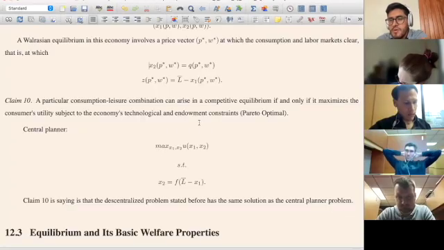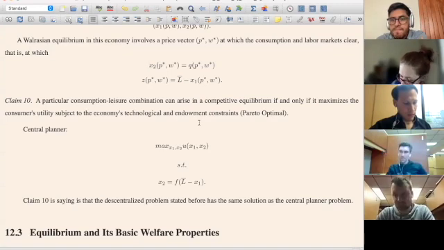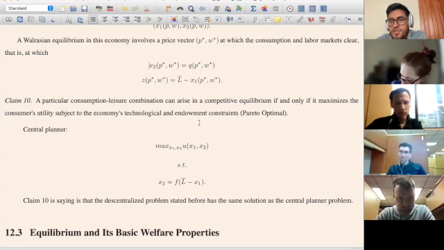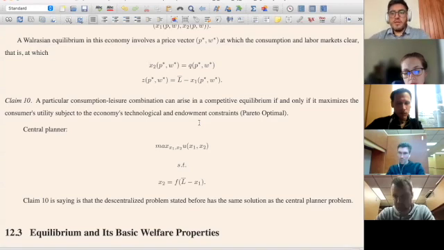This problem and the centralized problem are essentially the same. This is the result of two things. If you realize the Robinson Crusoe problem here, we're assuming some things about the utility and the production function. They have to be of certain shapes. The utility function has to be concave or quasi-concave, and the production function has to describe a convex technology, as in the chapter on production.